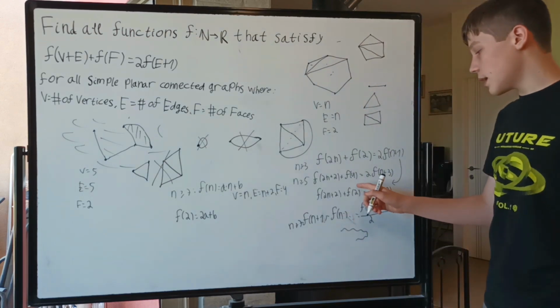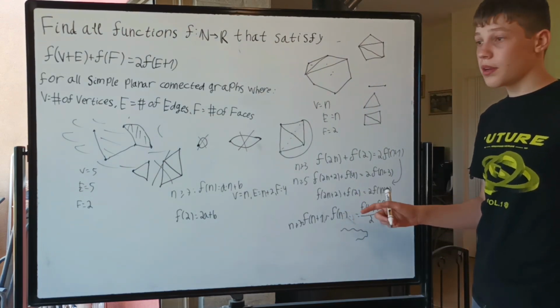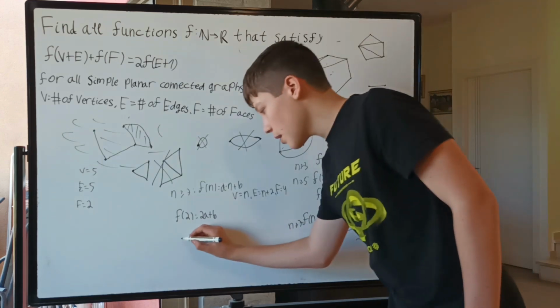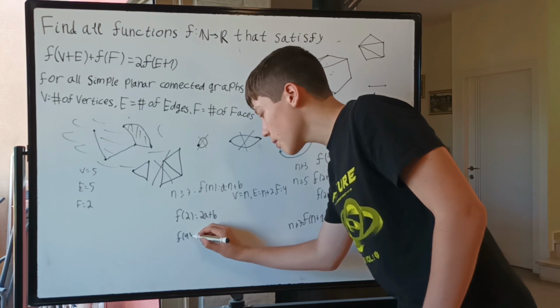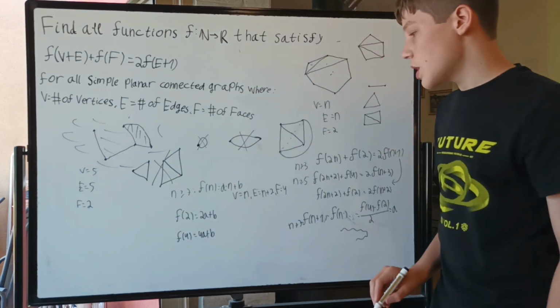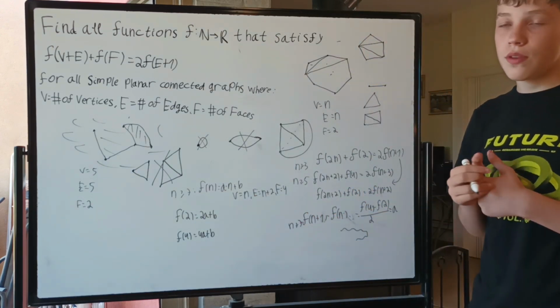And similarly, if I plug in n that is bigger than or equal to 4 here, so both of these are bigger than or equal to 7, I'll end up with f of 4 being 4a plus b. So now we took care of 2 and 4, we take care of 1, 3, 5, and 6.